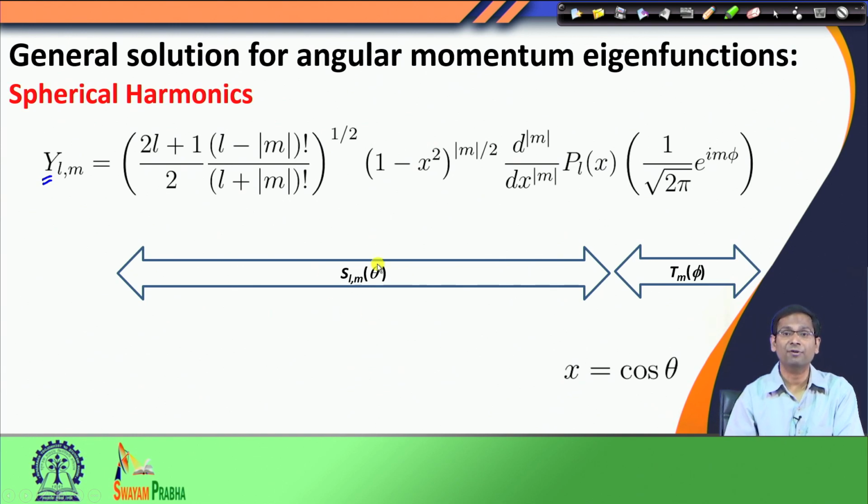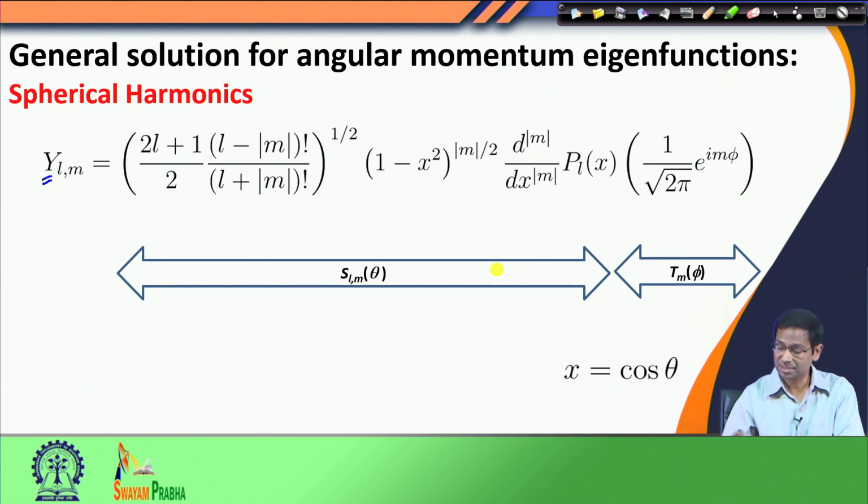If you remember, we defined our angular momentum eigenfunction as a product of two functions, one S of theta, another T of phi. So, this is the S function, S of theta, and this function is the T of phi function. The T of phi function is rather simple looking, but this S of theta is rather complex.